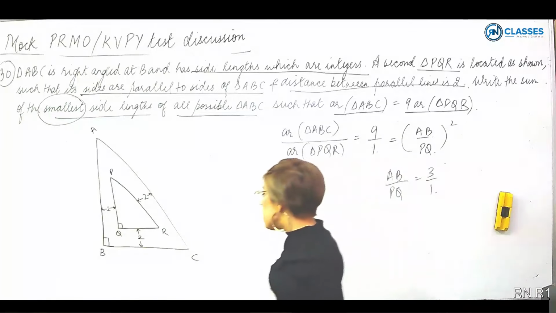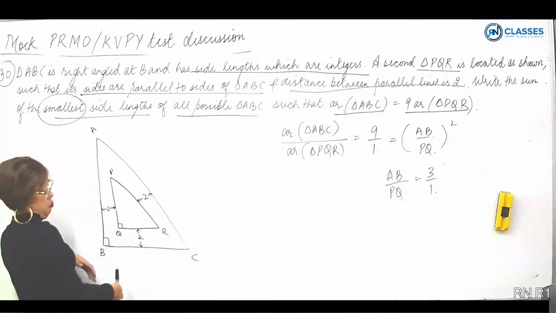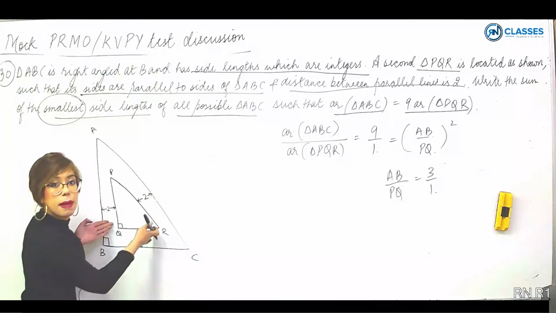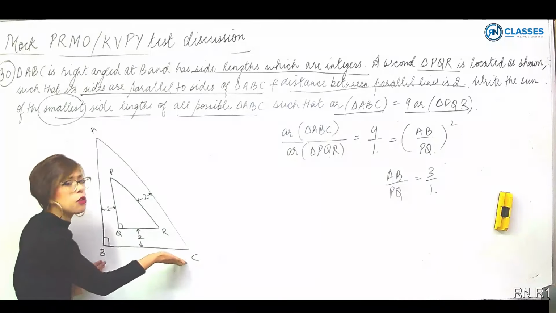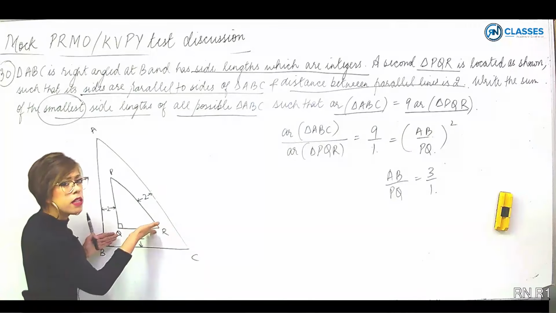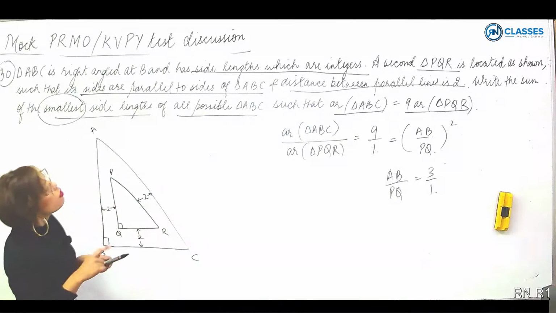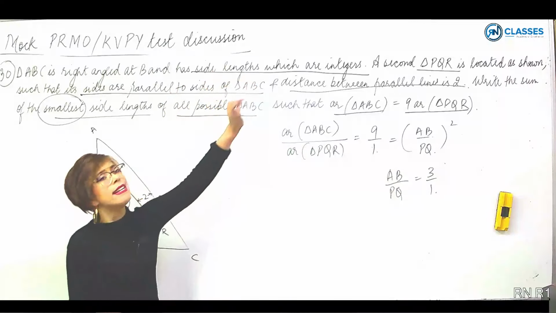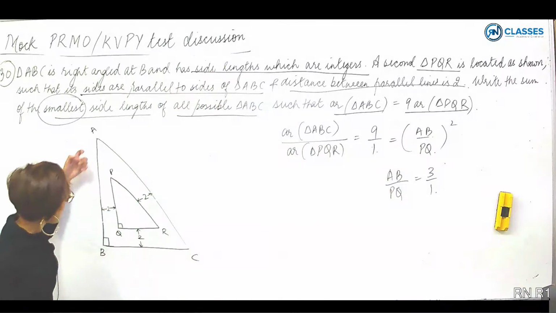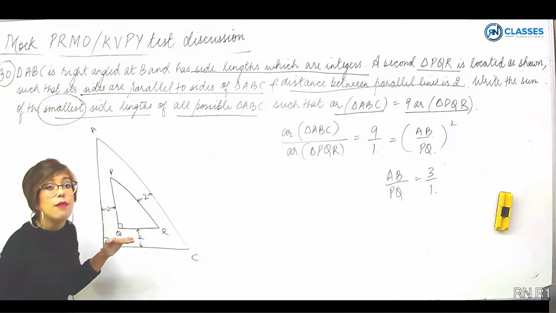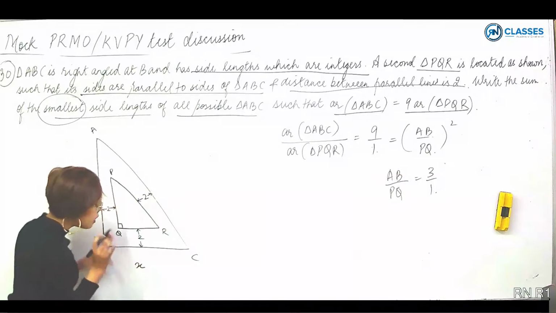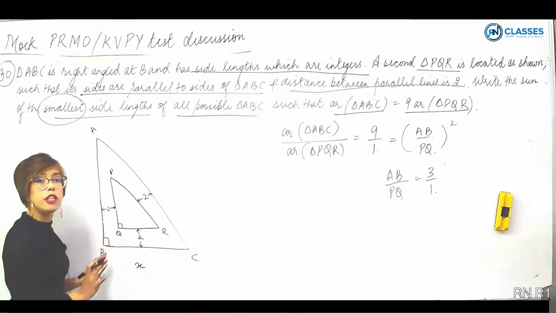right? So that means suppose this length is x, this length will be x/3, right? Now you'll be like, ma'am, consider this length to be 3x and consider this length to be x. Mind it, I have to use the fact that the side lengths are integers. Side of this triangle, ABC. Right? So I don't want 3x involved here. I would want x to be involved here, so that I can clearly see that x is an integer.